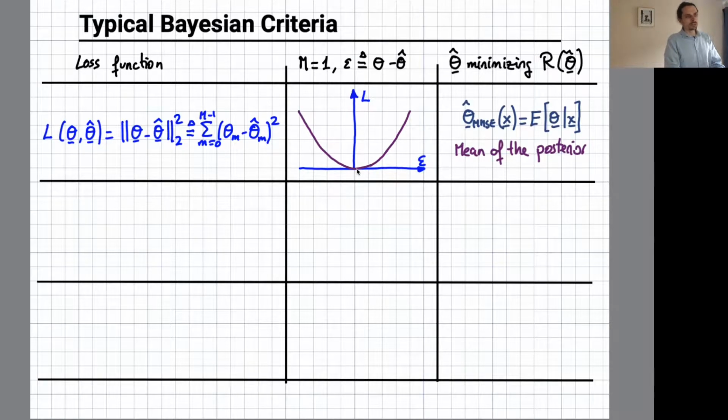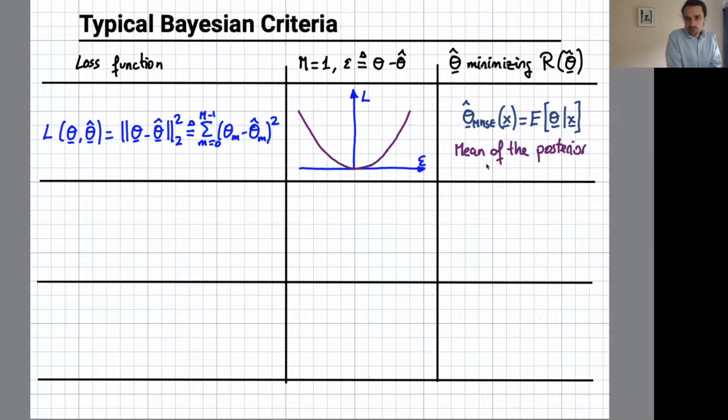And now we can just put together two facts. One fact is that the BMSE and the Bayes risk coincide for this specific loss function, as we said in the previous slide.